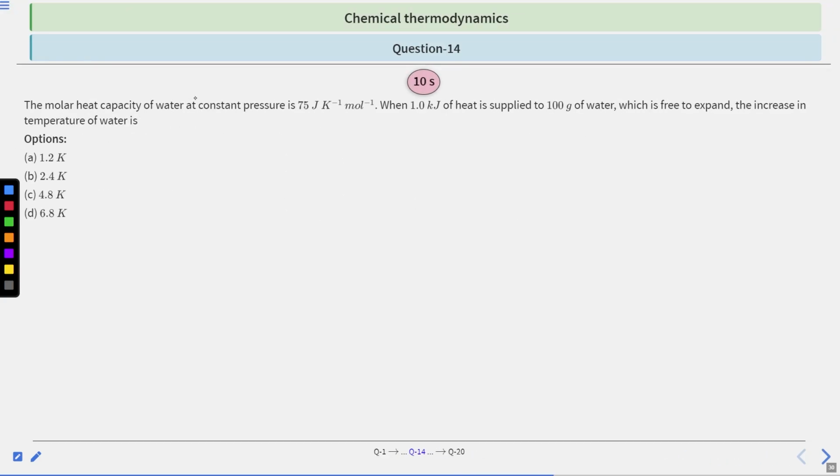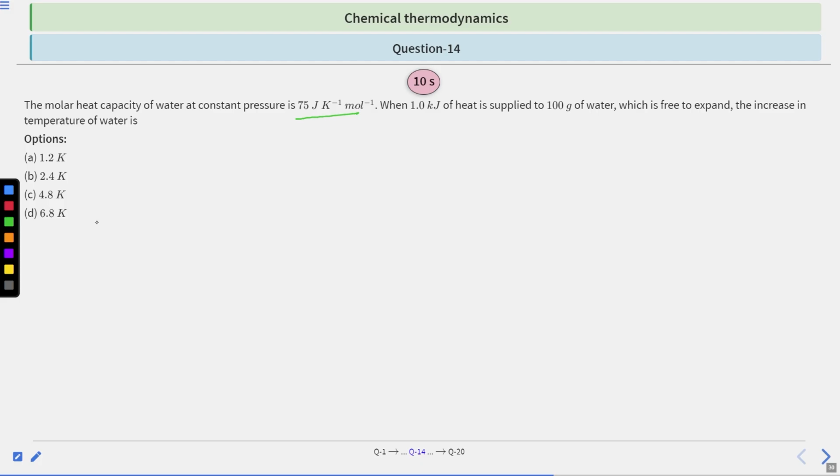Moving on to question 14. The molar heat capacity of water at constant pressure is 75 joule Kelvin inverse mole inverse. When 1 kilojoule of heat is supplied to 100 gram of water, which is free to expand, the increase in temperature of water is: 1.2 Kelvin, 2.4 Kelvin, 4.8 Kelvin, or 6.8 Kelvin. You have 10 seconds to solve this question.